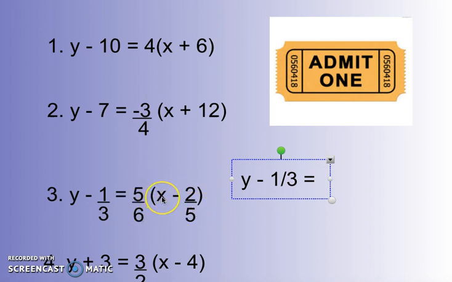So 5/6 times x is just 5/6x minus, and now I need to remember, how do you multiply fractions? Remember, in order to multiply fractions, all I do is multiply straight across.